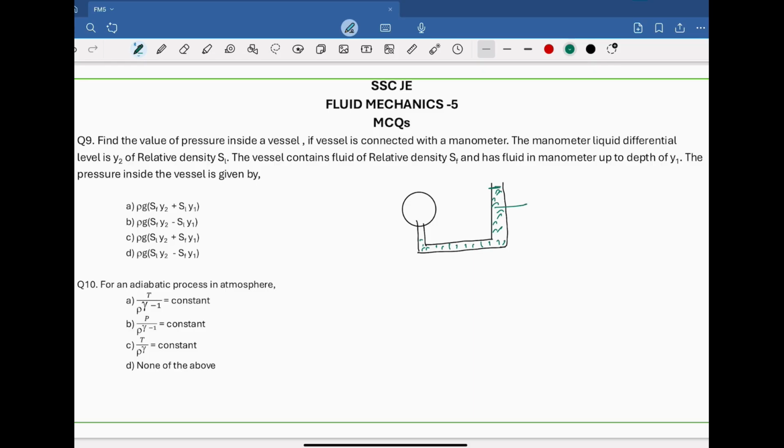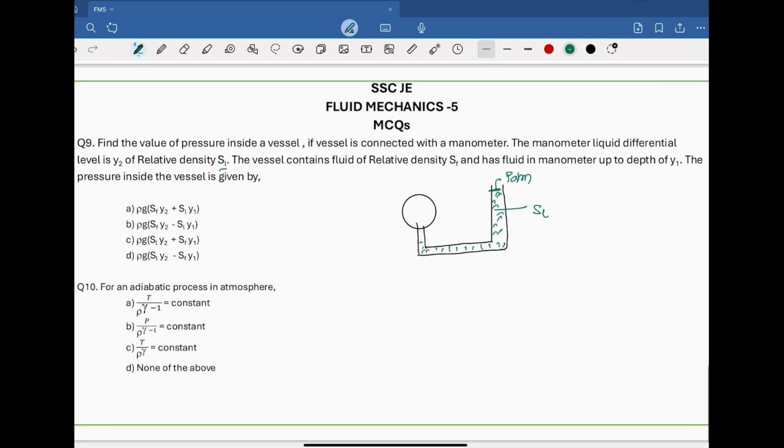This is P atmosphere, the manometer is open to atmosphere, and this liquid relative density is SL. The vessel contains a fluid of relative density SF.